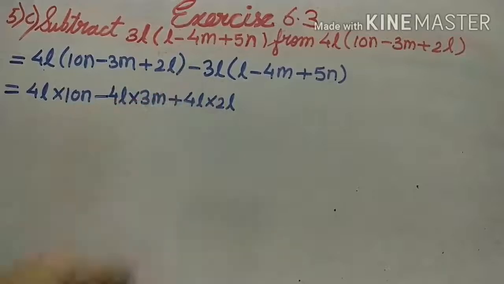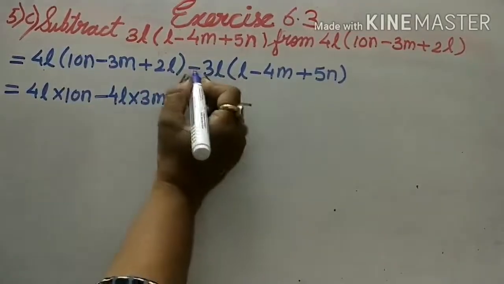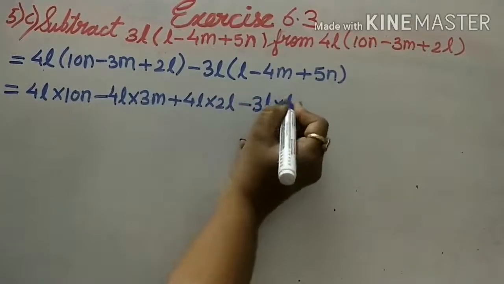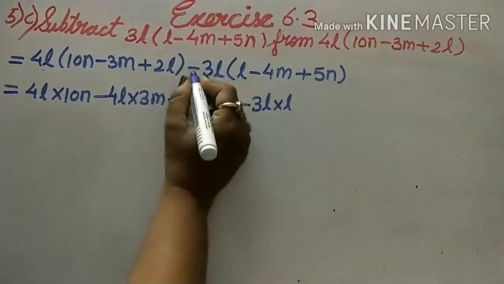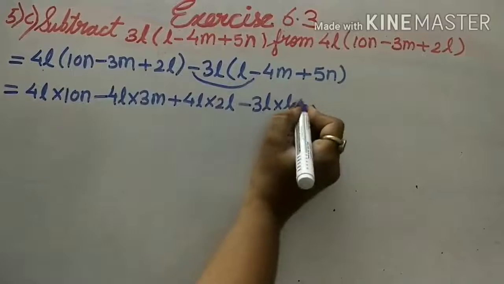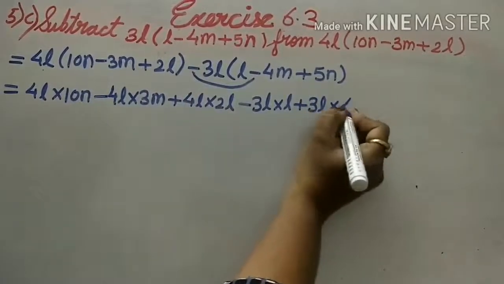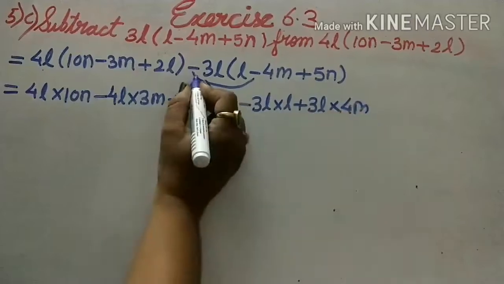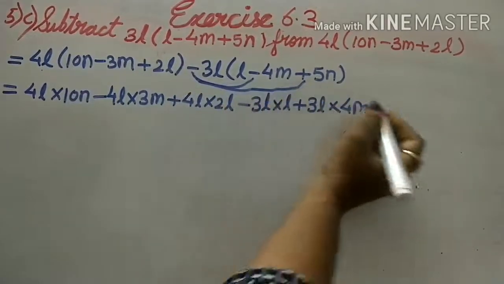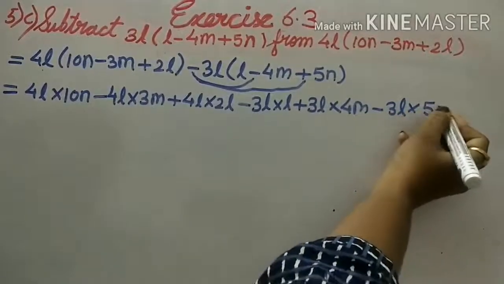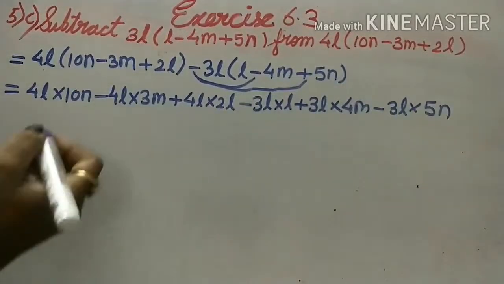Now this minus sign, because minus into plus is minus, 3l into l. Minus into minus becomes plus, 3l into 4m. Now this minus into plus is minus, 3l into 5n.